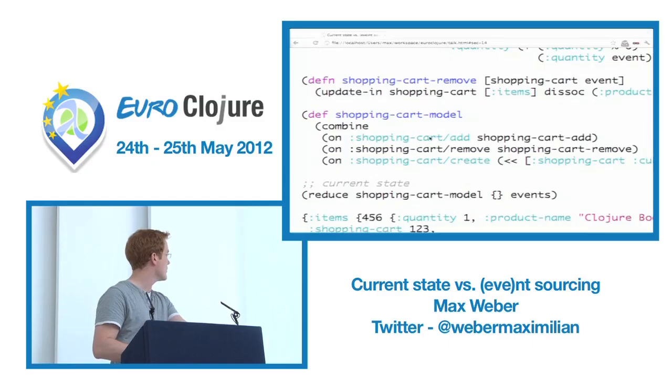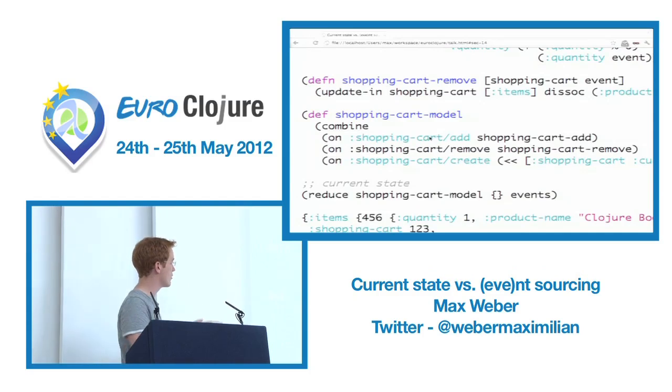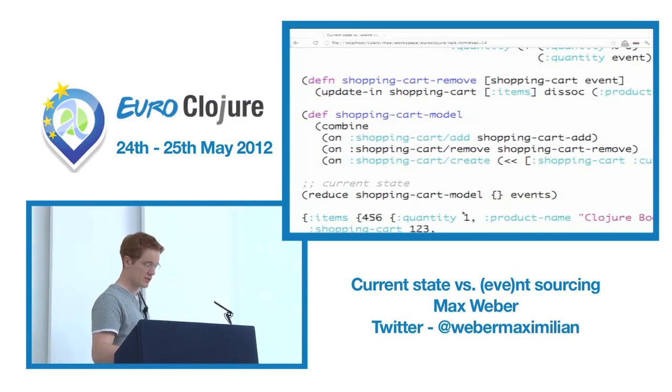So here you see some functions of the Eve library which help you to combine those functions and then use it in a reduce to derive the current state, as we will see in a few seconds.